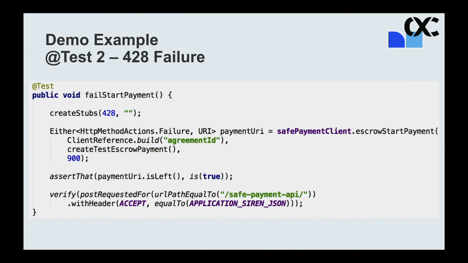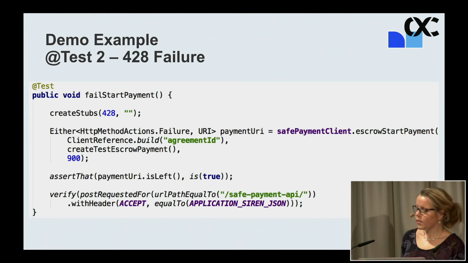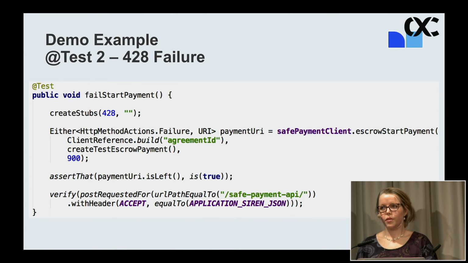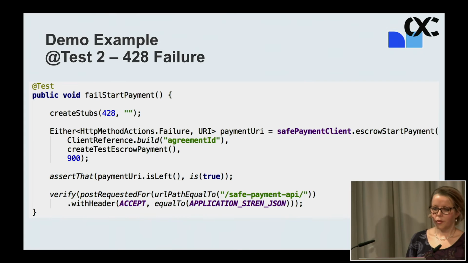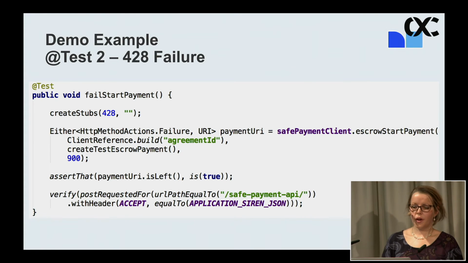When I did this testing, I learned more about the system than I knew before, because I thought that I would get a failure in 500. But then that one just gave me an exception, because there is a difference between system exceptions and application exceptions. But 428 precondition required, that one gives a failure.